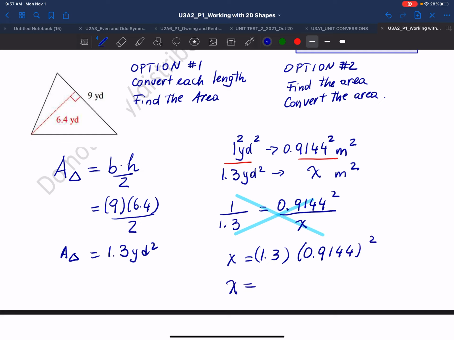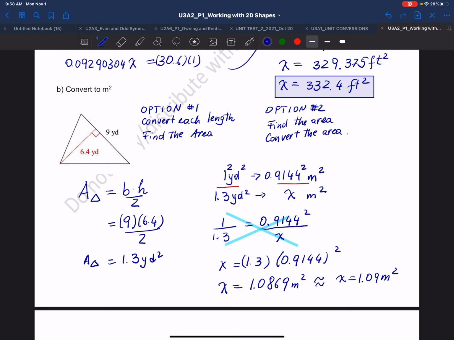So 0.9144 squared times 1.3 is 1.0869, and that would be in meters squared. If you want to round this to the nearest 2 decimals, that would be about 1.09 meters squared. And that would be the area of this triangle.